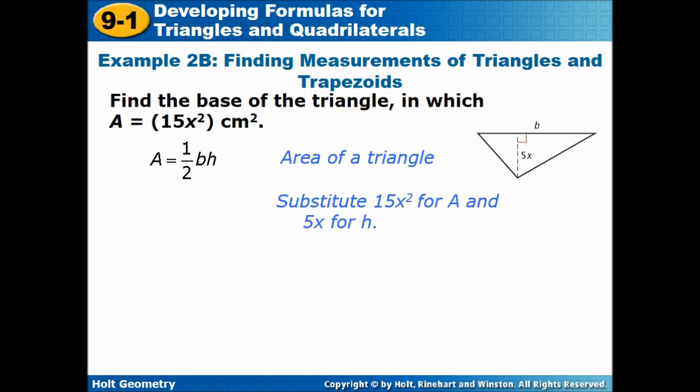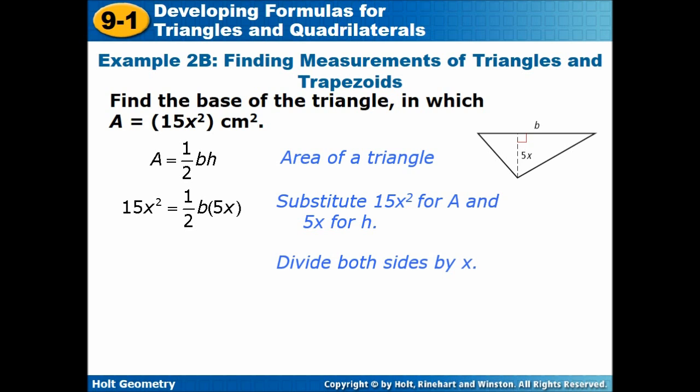We're going to substitute 15x squared for A and 5x for H, and then that should allow us to find the base. We're going to strip, of course, the 5x and the 1/2 away from B to find out what B is. It's a process of undoing again. Let's just take it a step at a time. It's not tough to do, even though you see a gnarly fraction in there, okay?